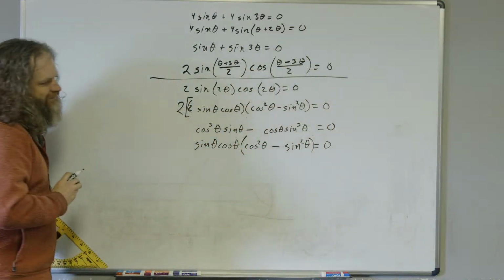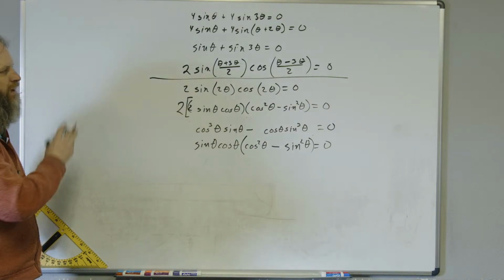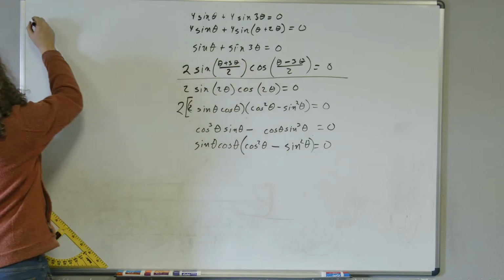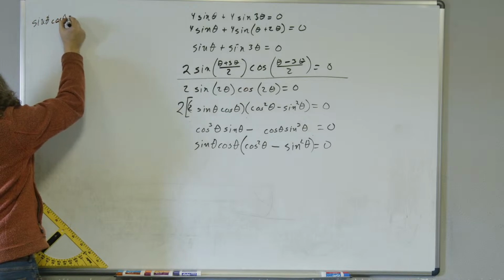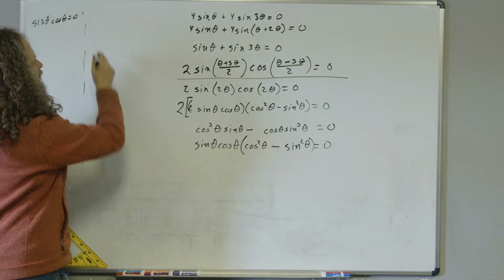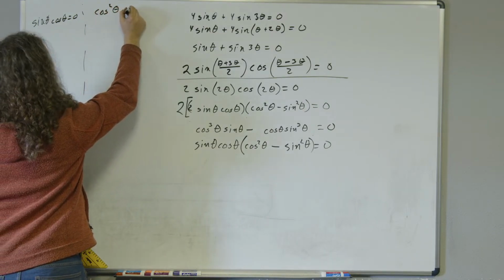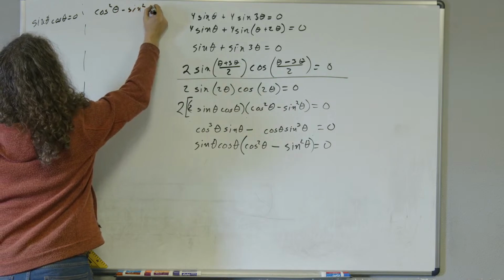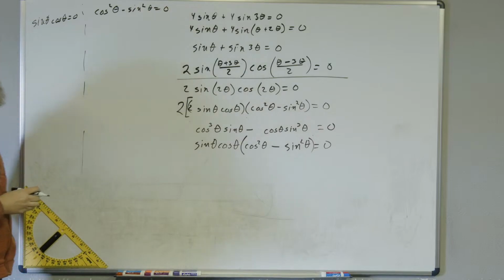Then what? Reduce the identity, like the power reducing one. Probably. I would start by splitting it into two problems. We've got sine theta cosine theta equals 0, which we can deal with. And we've got cosine squared theta minus sine squared theta equals 0.